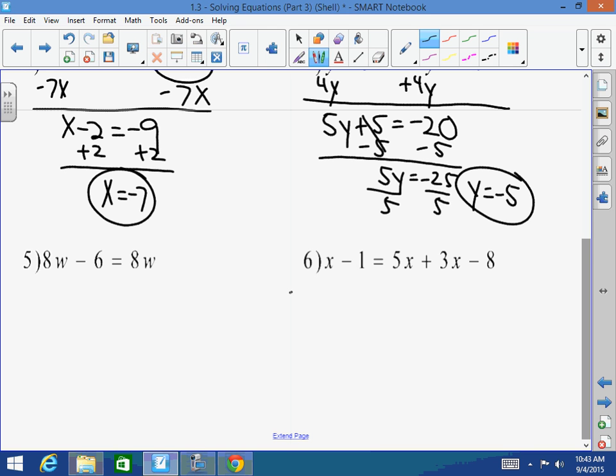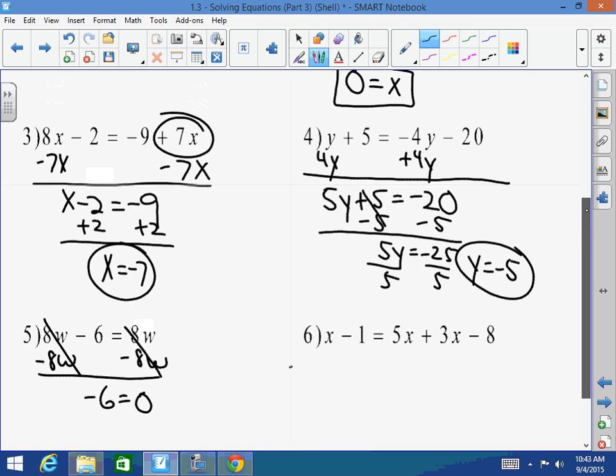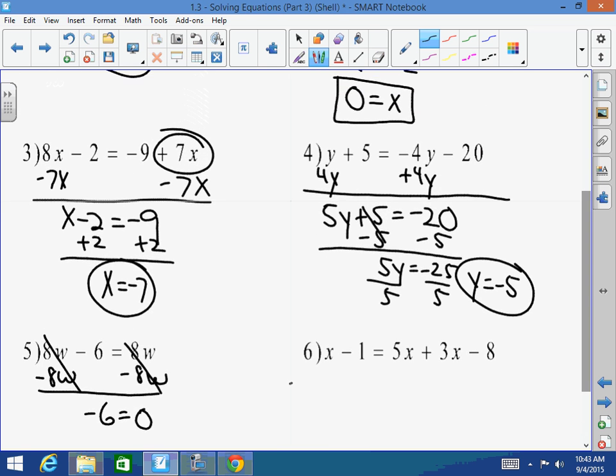Subtract 8w. Yeah, because I want to get all the variables together on one side. So I subtract 8w to both sides. And then I've got negative 6 equals 0. Uh-oh. Now that's a no solution. Thank you. Mr. Morrow, why is that no solution, but x equals 0 is a solution?